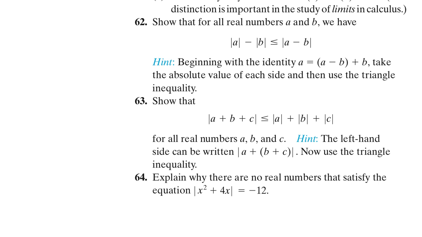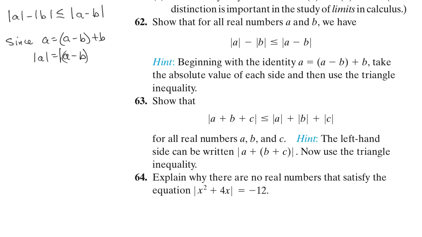I'll write this stuff down on the side. And so we're going to start with that hint that they give us. So since a is equal to a minus b, but then if you add b, the b's would cancel out, then we would say the absolute value of a is equal to the absolute value of a minus b, parentheses, plus b in parentheses.